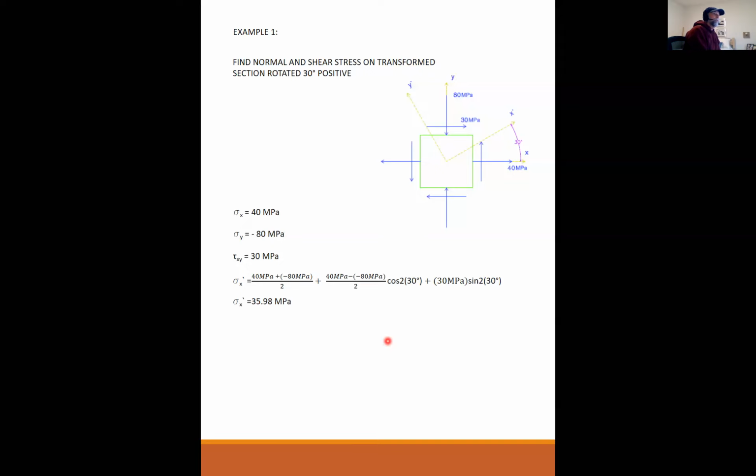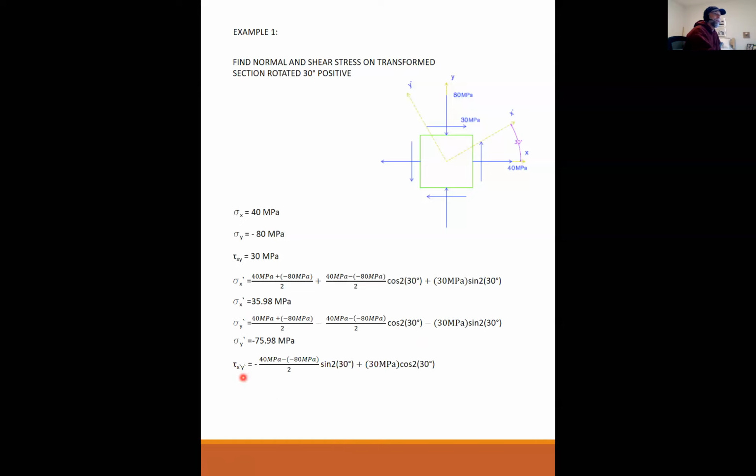So running through this, I get sigma x prime is 35.98 megapascals, positive. And sigma y, this is a very similar equation, but the equation for sigma y yields minus 75.98 megapascals.